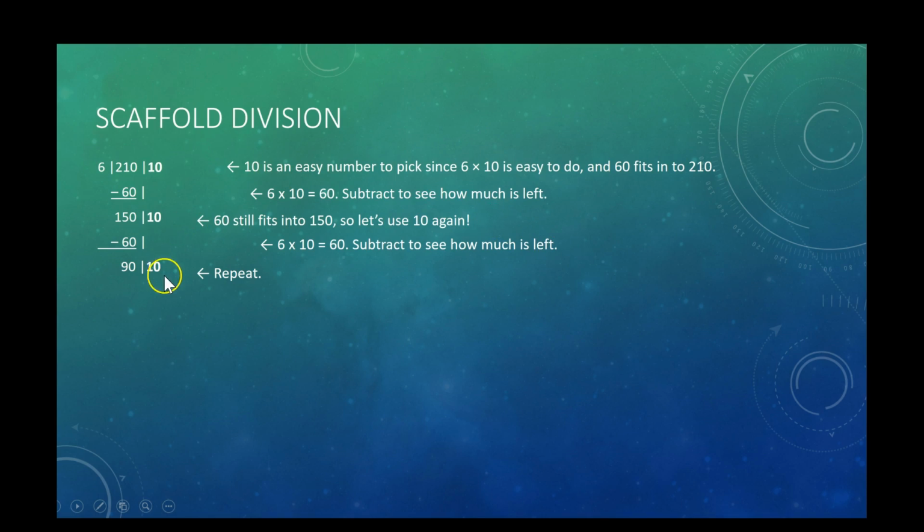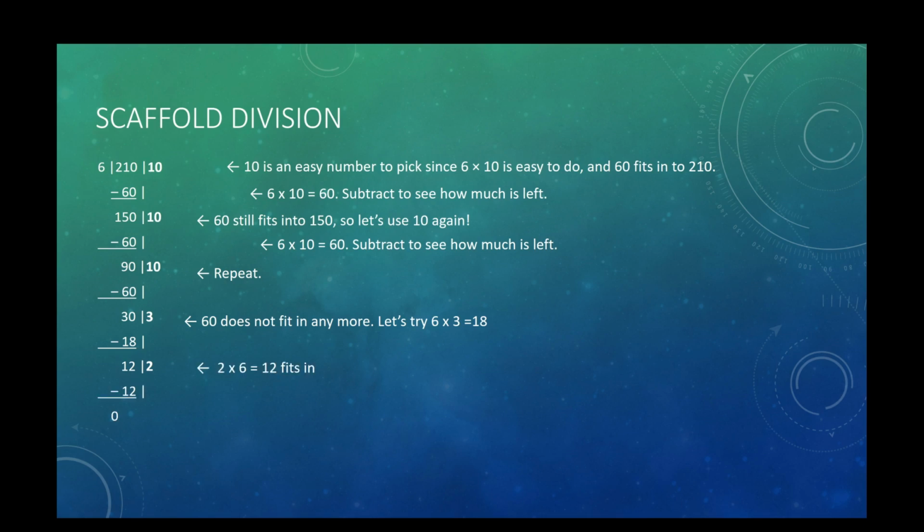Because 10 times 6 is 60, which goes into 90. Now we have 30 left. 6 times 3 is 18, which does fit into 30, right? And then we have 2 more 6s that fit in, and then we're done.